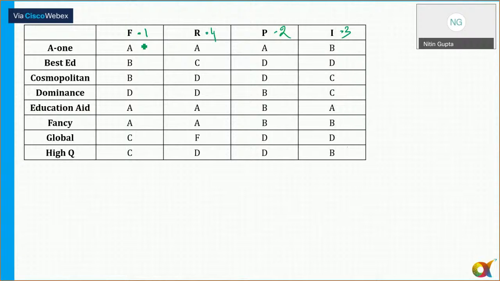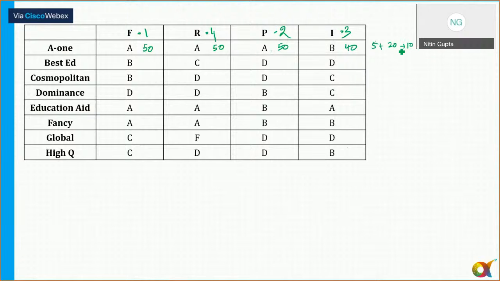Now we know category A is equal to 50, and B is equal to 40. So the score is 50 into 0.1 plus 50 into 0.4 plus 50 into 0.2 plus 40 into 0.3. 50 into 0.1 is 5, 50 into 0.4 is 20, 50 into 0.2 is 10, and 40 into 0.3 is 12.